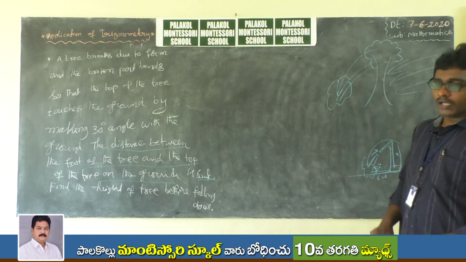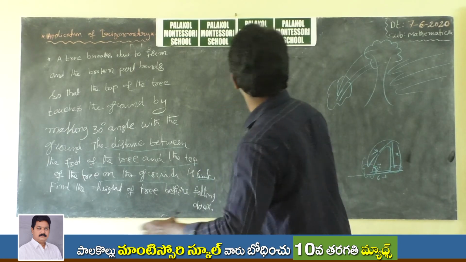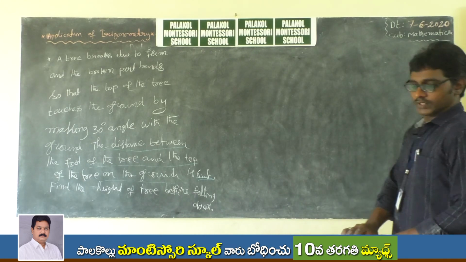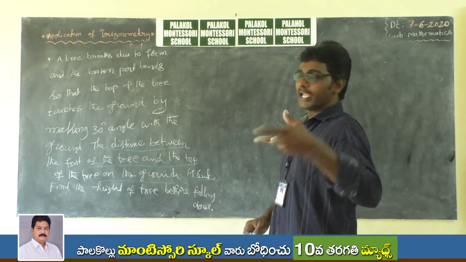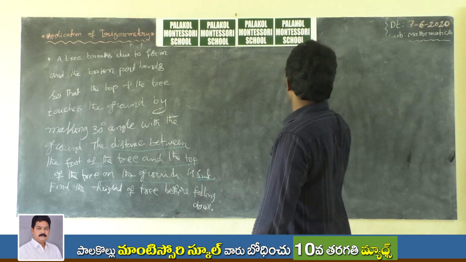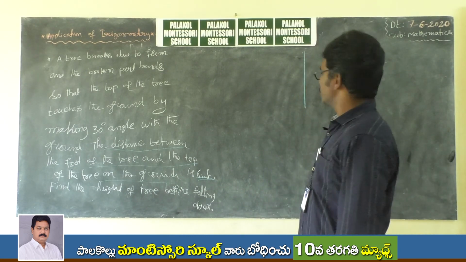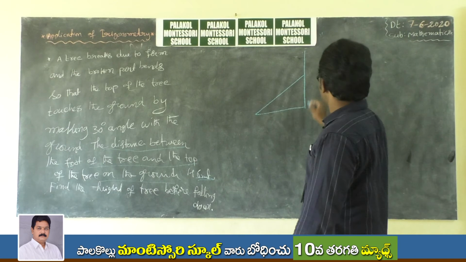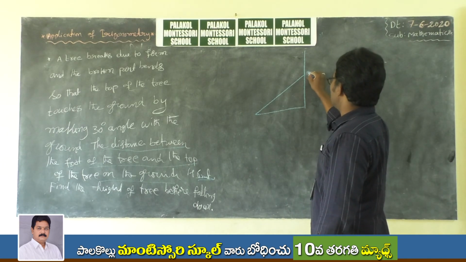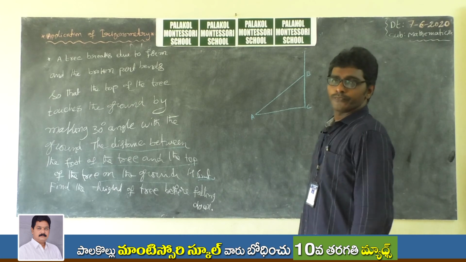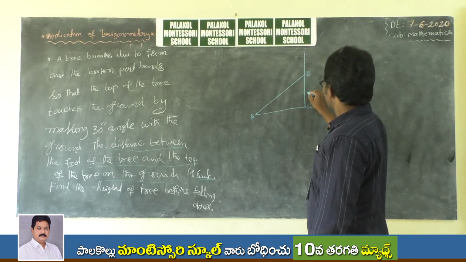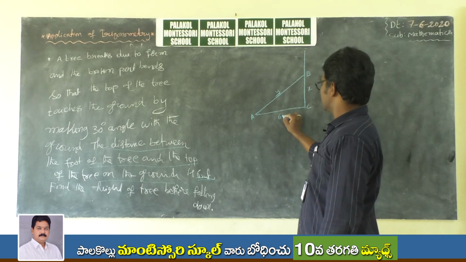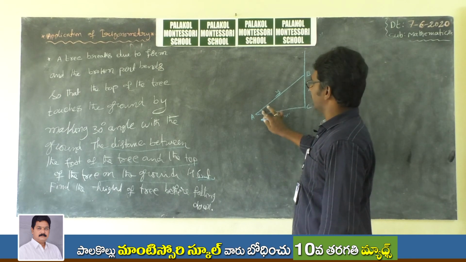Is it clear? Now I do the sum on the blackboard. Guys, I draw the tree like this. This is a tree, suppose, and it breaks like this. Label the points B, C, A. This height is x, this one is y. Here the distance is 6 meters, and this angle is 30 degrees.